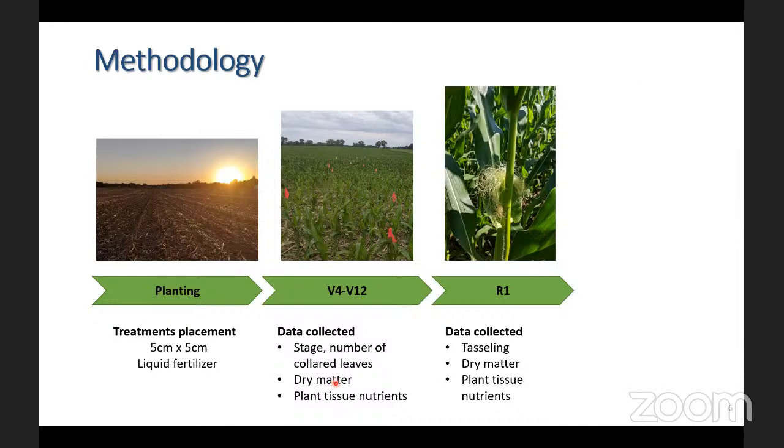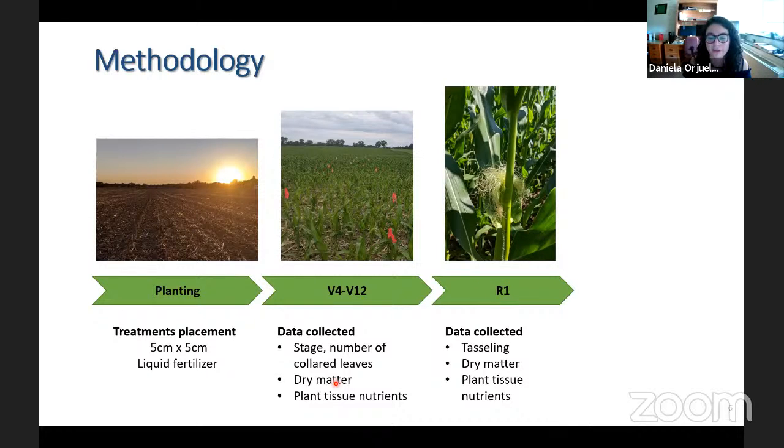Great. So hi, Daniela. This is Lauren Schwartz. I just have a question about when you were applying your starter fertilizer, were you concerned, like what was your clean out process between each treatment as far as the nutrients went to make sure there wasn't any contamination? Okay, so thank you for your question. You want to know if there was any type of cleaning to avoid contamination between the treatments.